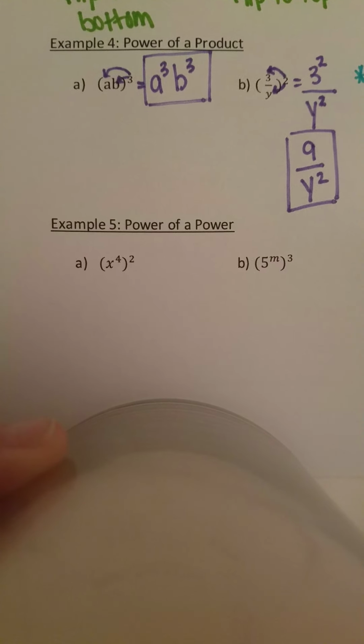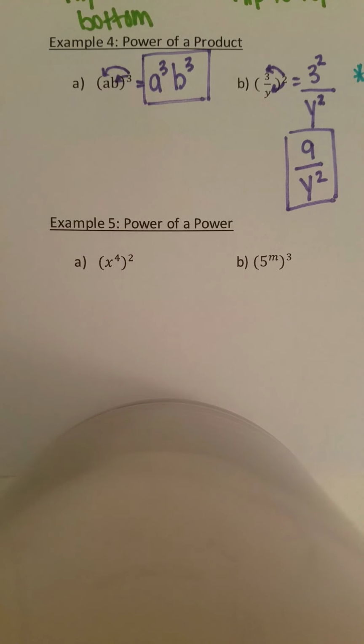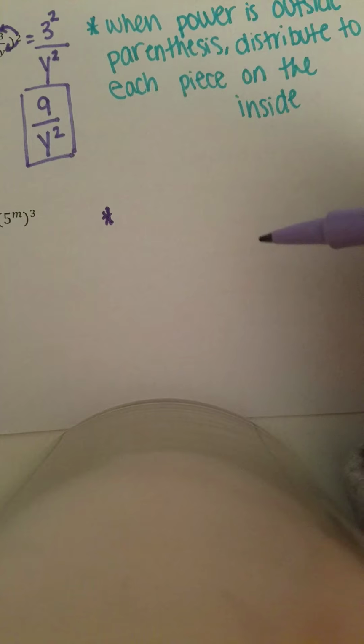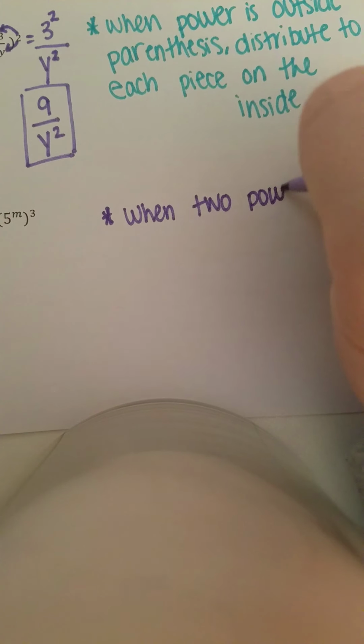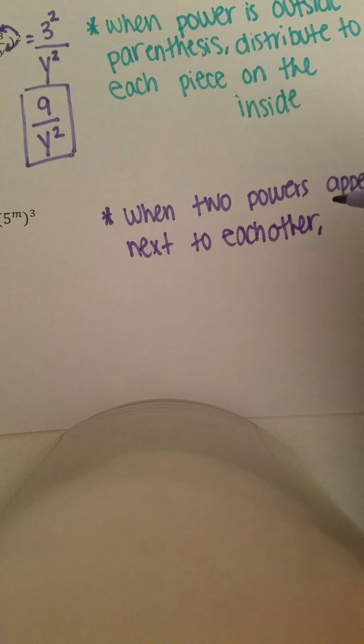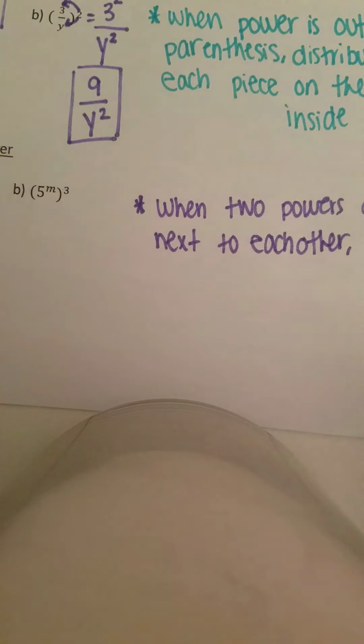However, power to a power, we are going to multiply. So we're going to slide to the side and we're going to write, when 2 powers appear next to each other, multiply them.